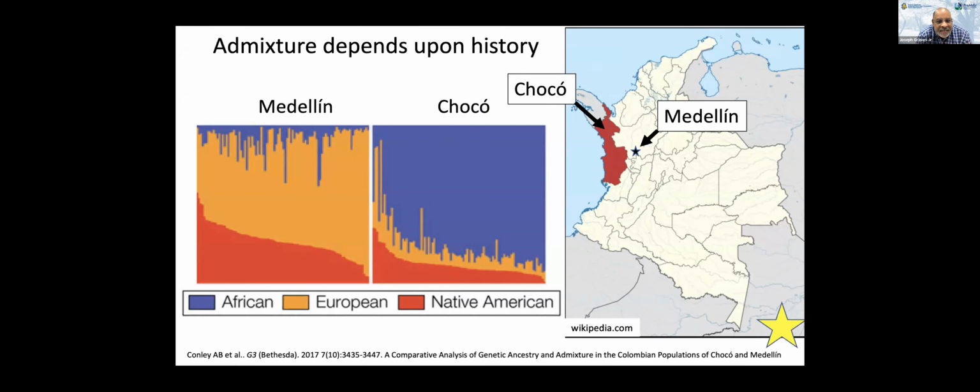But when we go to the neighboring state of Choco, their African ancestry is similar to that of African Americans, but with a higher percentage of Amerindian ancestry. Now, the difference between Medellin and Choco, of course, is historical, because Choco was a site of enslaved plantation agriculture, and Medellin was not. Next slide.